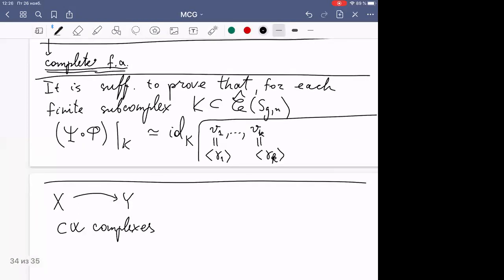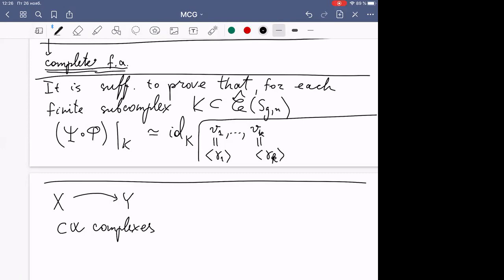Yes, there are phantom maps, but look, for homotopy equivalence this is enough.